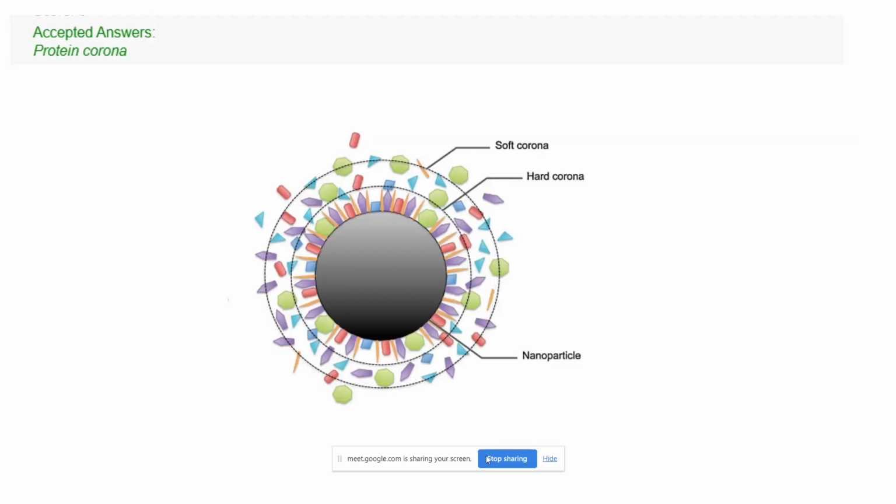The inner core is the nanoparticle, and the proteins that are tightly attached, more favored and strongly attached to the core, will form a tight packing hard corona. Then there are soft proteins that are further attracted to these attached proteins, loosely attached, and form a secondary layer, that is the soft corona.